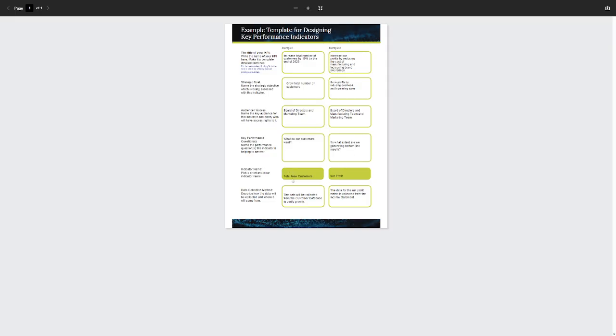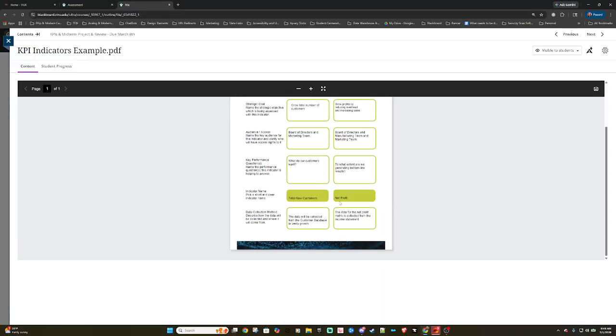You may start out with one for the midterm, and then by the final, you'll have a better understanding. Then the strategic goal, the audience, the key performance question, the indicator name, and the data collection method. In our case, most of it's going to be in the data warehouse, so you can kind of guess how that will be collected since I don't think it tells us everything in our documents.